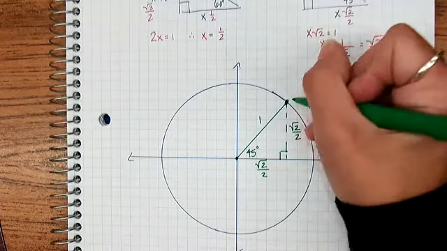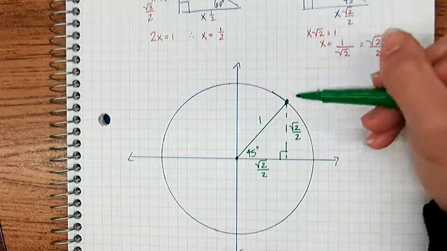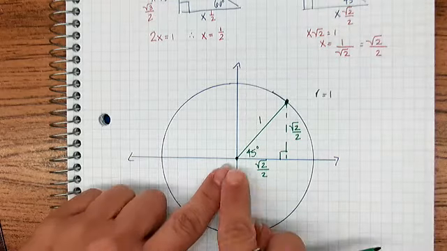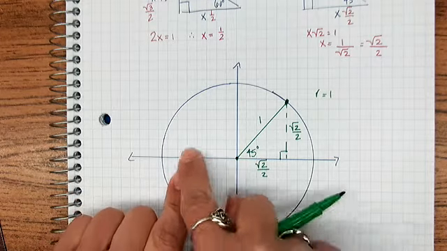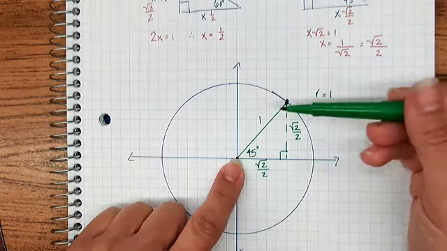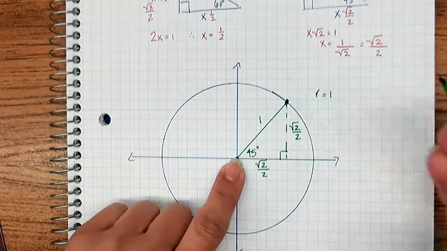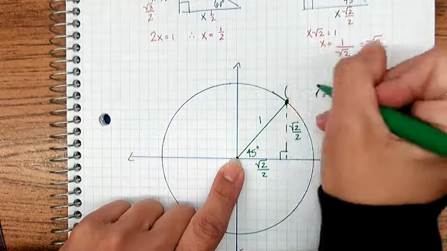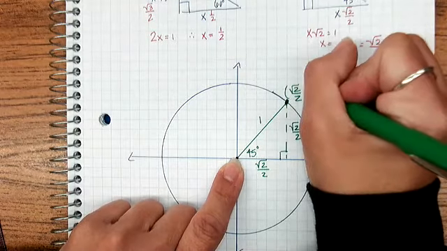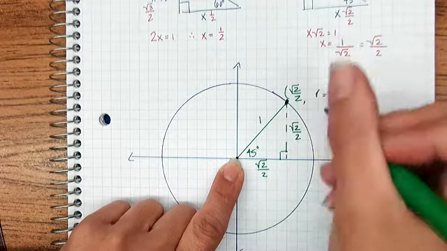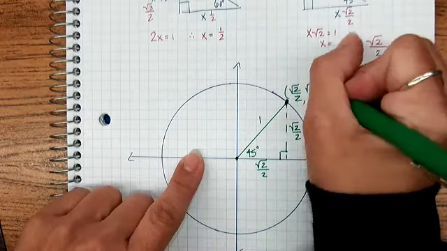Okay, that means that the coordinates of the point right here on the circle, x, the horizontal axis, root 2 over 2. Vertical, that's y. The coordinates are root 2 over 2, comma, oops, that's not very good. Root 2 over 2. Let me get some white out.